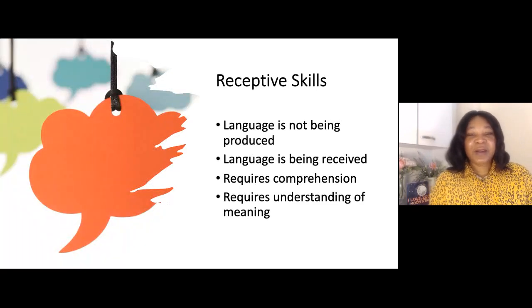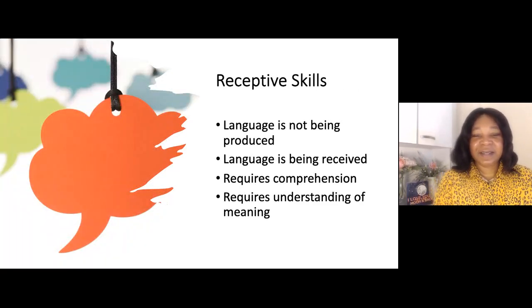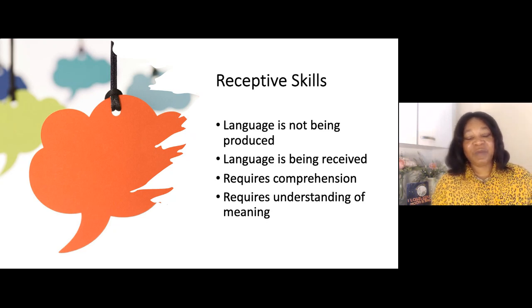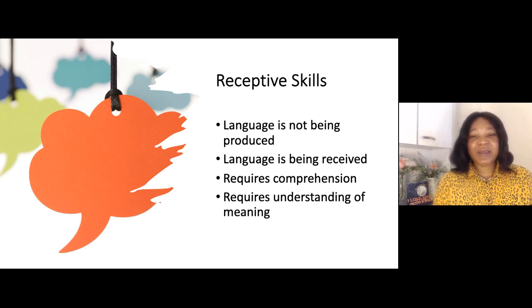Now, there are receptive skills, and I wonder if anyone can identify what receptive skills are. Amongst the basic skills, we have productive skills and we have receptive skills. With receptive skills, language is not being produced, language is being received, hence the use of the word receptive.